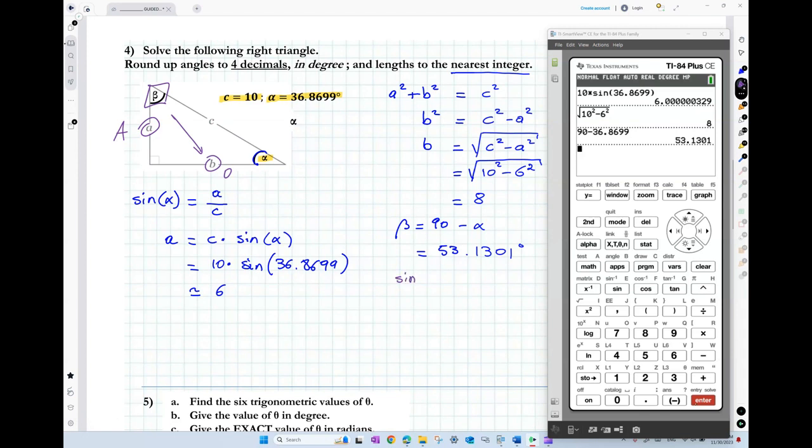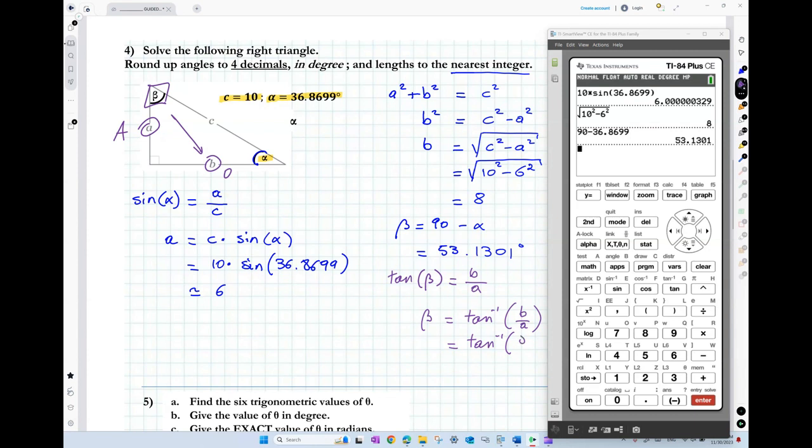I've got tangent, TOA, tangent of beta, which would be equal to the opposite B over the adjacent, which means that beta would be equal to the tangent inverse of B over A.